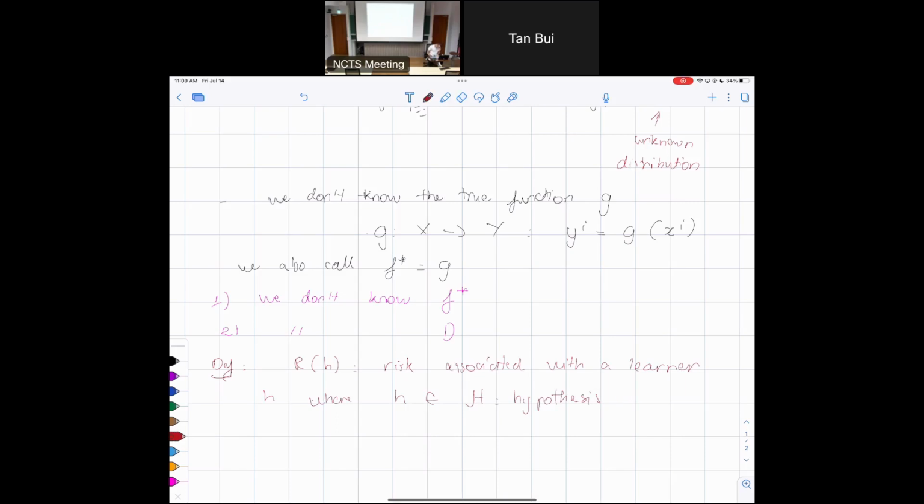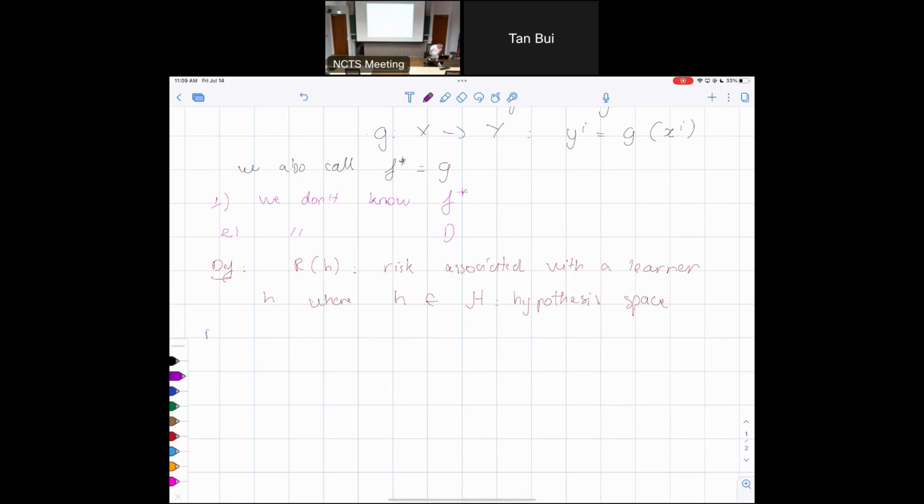Hypothesis space. So let's give an example to make sure that we know what it is. The risk function, for example, R(h) is equal to the expectation of h(X) minus f star, which is the true function, squared.